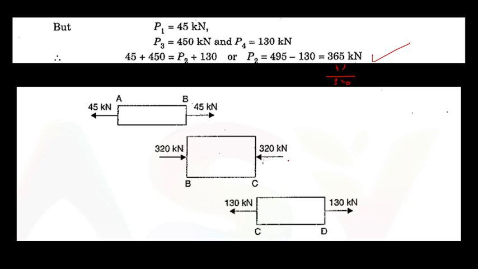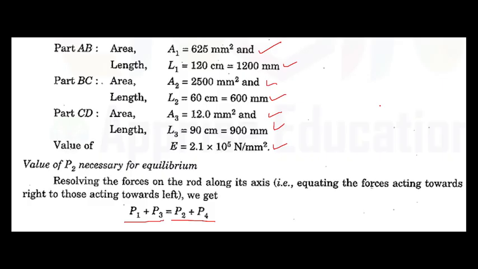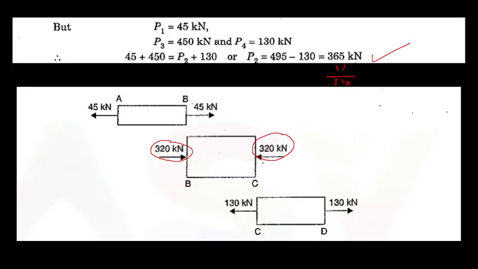P3 was given as 450. Okay, no problem. Since this section is in equilibrium, it carries 320. Out of P3, which is 450, subtract 320 and you will get approximately 130.